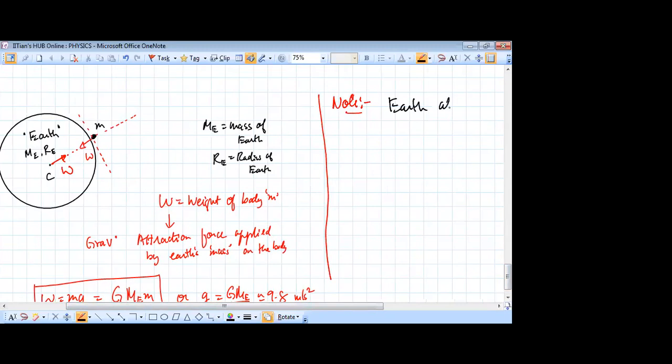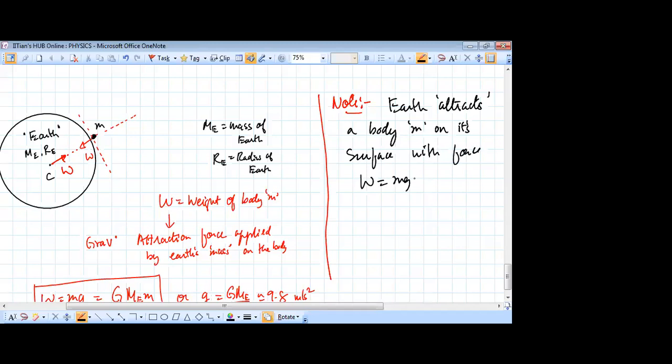The Earth attracts a body of mass M on its surface with a force which we call weight as mg.